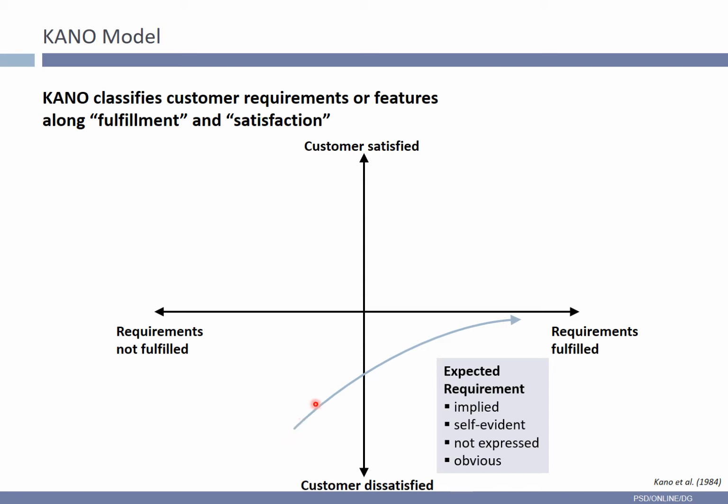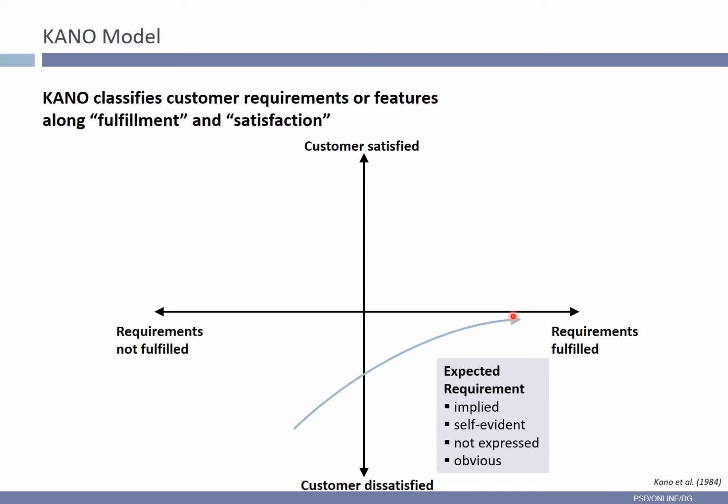And if you are better in fulfilling this requirement, it just makes the customer less dissatisfied. The optimum is that they are neutral. So in other terms, that's a must-have criteria, right? So this is something your product needs to deliver to be considered at all.